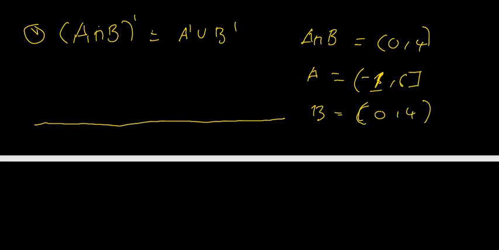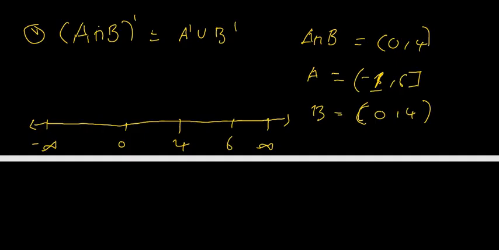Okay, so you write there negative infinity, positive infinity. So here we have 0, then we have 4 and 6.